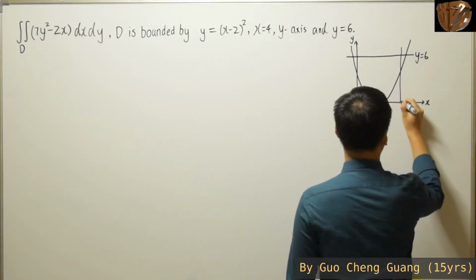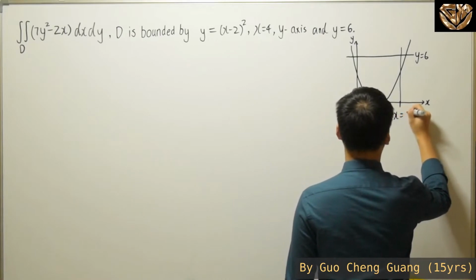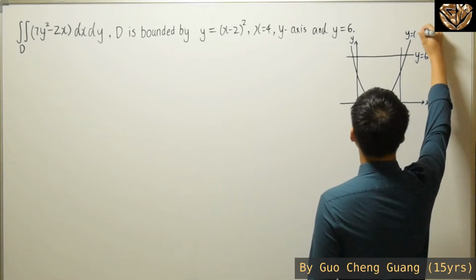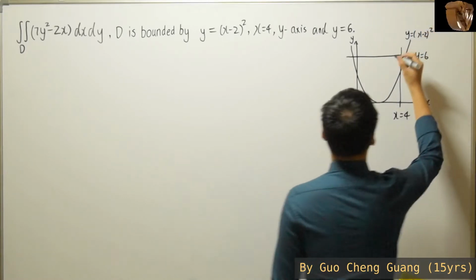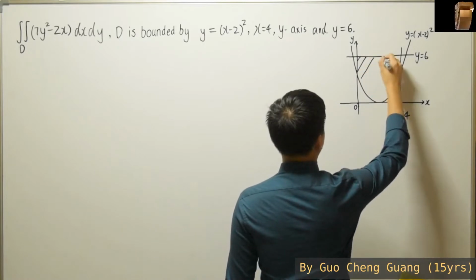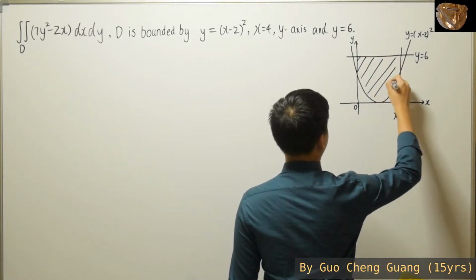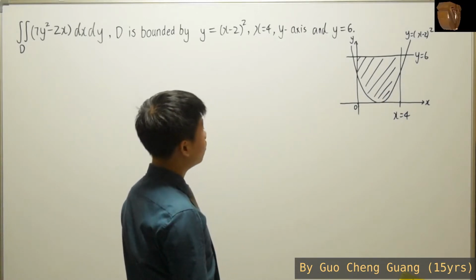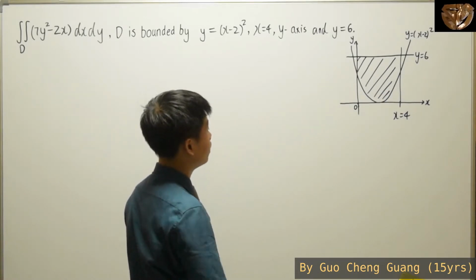Alright, so these are the different graphs we will be seeing. And what will be your area? That would be this entire part. Okay, so how are we going to solve this?